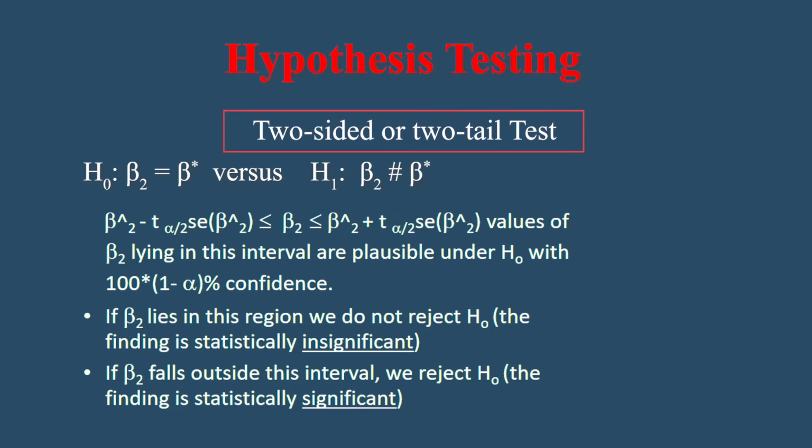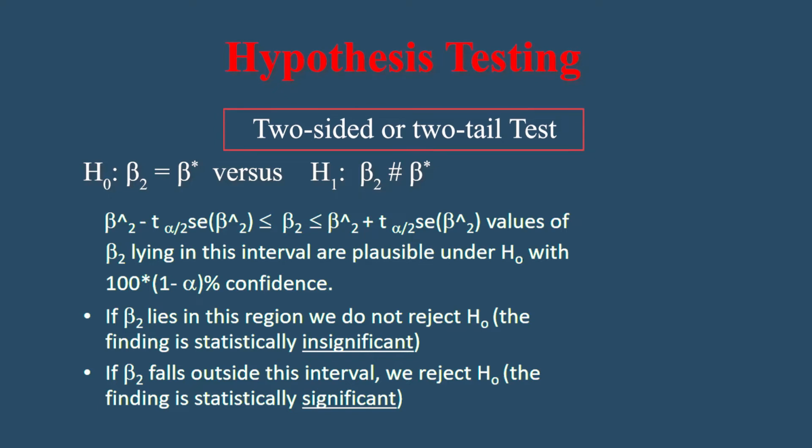This confidence interval says that beta 2, which is the population parameter, basically the slope coefficient of the regression model, is lying in between the left-hand distribution or the right-hand distribution at alpha by 2 level of significance. So this goes back to the issue of either accepting or rejecting the null hypothesis.